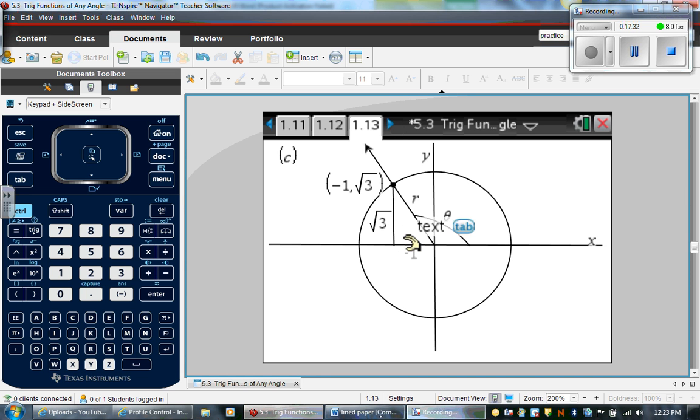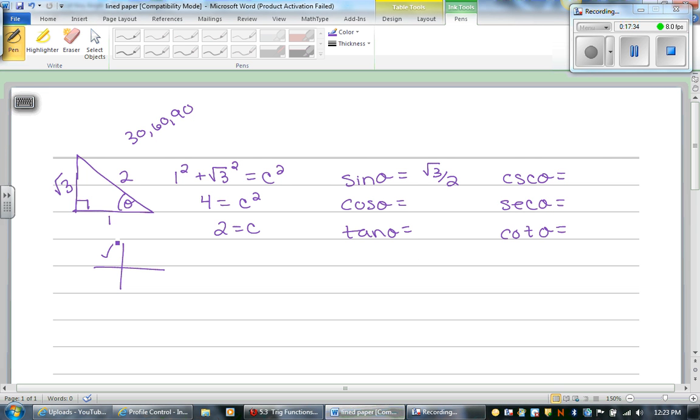Second quadrant. Sine is positive. Cosine, adjacent over hypotenuse, 1/2. Second quadrant, cosine is negative. Tangent, opposite over adjacent. Opposite over adjacent is going to be square root of 3 over 1, or just square root of 3, and that's negative.